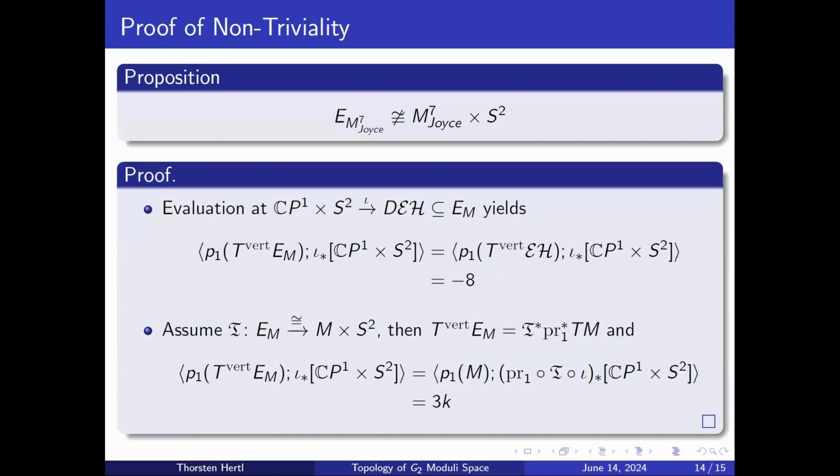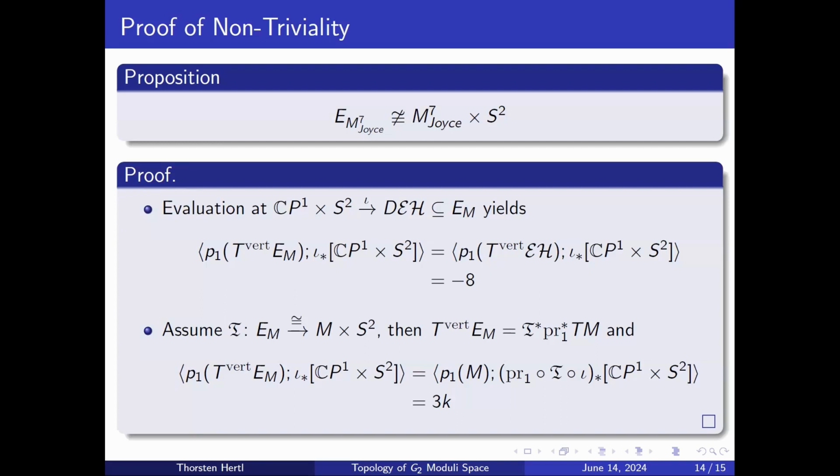For that, we only need to know the restriction of this vertical tangent bundle to this 4-dimensional submanifold, which is precisely the vertical tangent bundle of this Eguchi-Hanson space, because the 3-dimensional torus doesn't contribute, being Eguchi-Hanson space in a neighborhood of this submanifold. But we calculated that it was -8 times the generator, so the evaluation here is -8.